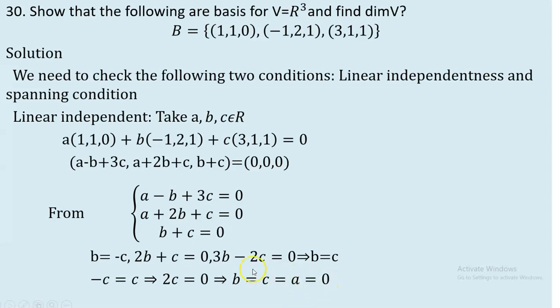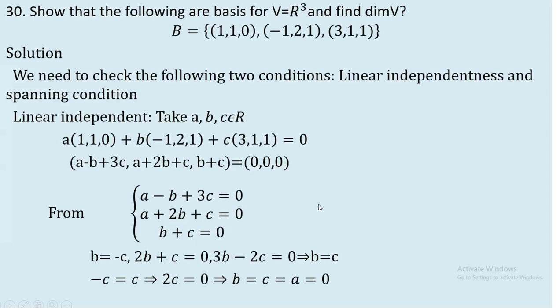So the coefficients a, b, c all come 0. It is only when all these three coefficients are 0 that we can attain the 0 vector. This shows you that these three entries are linearly independent. Okay, so the first is assured.